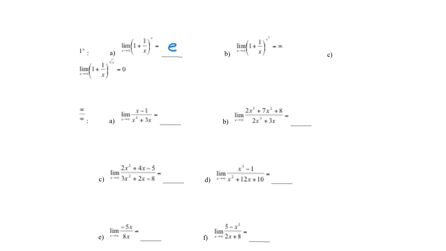So then we've got some infinity over infinity, a couple of them here. Now some of these you can see what's going to happen. Without even going through the usual routine where we would divide by the highest power in the denominator, which would work, but you can sort of see what's going to happen. This denominator is going to dominate the numerator because this is an x squared.